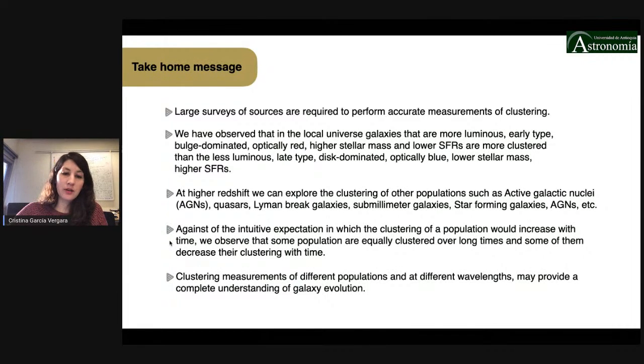For example, quasars have a much stronger clustering at earlier times compared with later times. Also, a general message is that clustering measurements of different populations at different wavelengths may provide a complete understanding of galaxy evolution because we can relate different populations detected at different wavelengths.